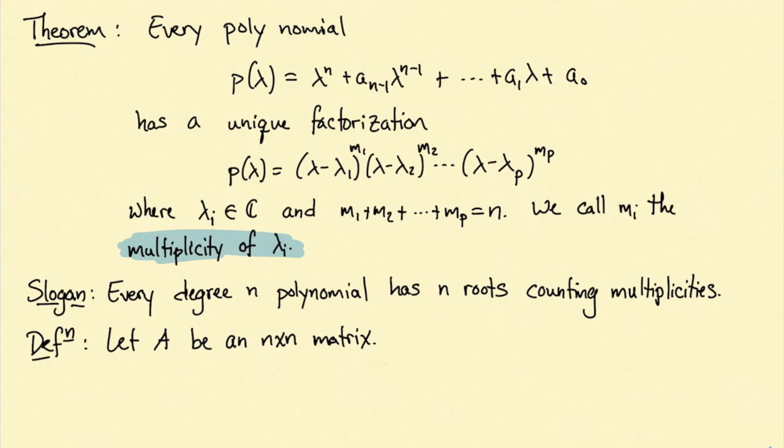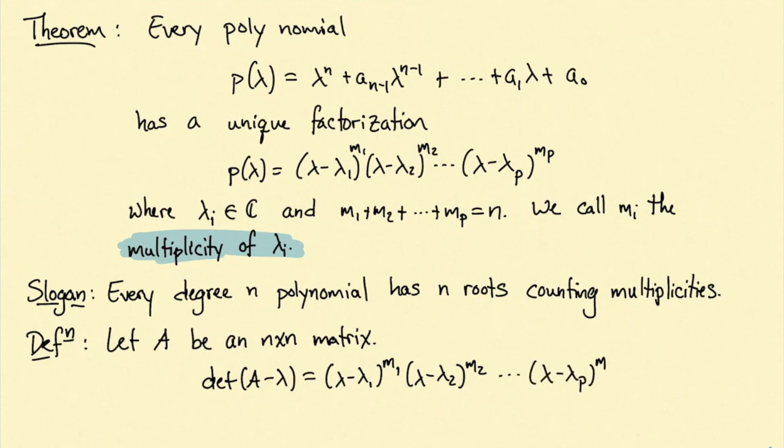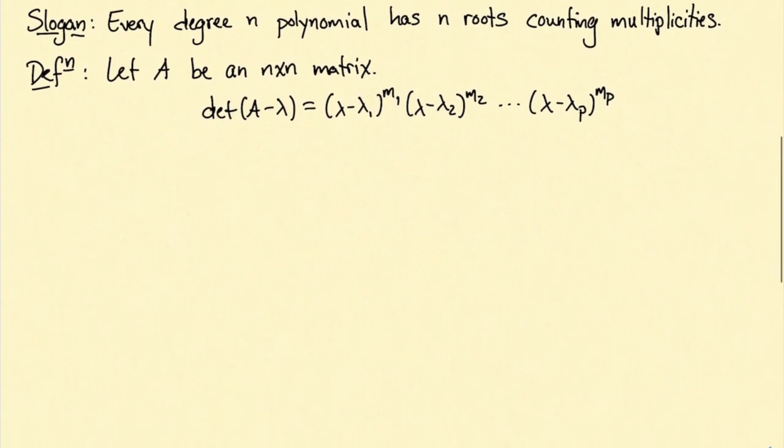This tells us that the characteristic polynomial is a polynomial of degree n. So the theorem tells us we can factor this polynomial as a product of linear terms. The roots of this polynomial, of course, are the eigenvalues of our matrix A.